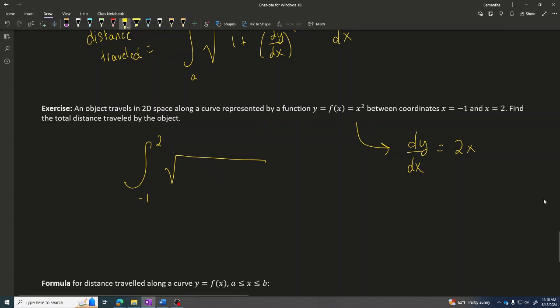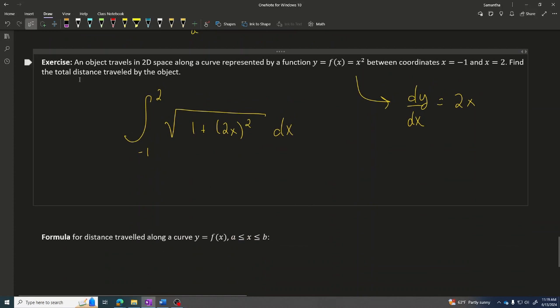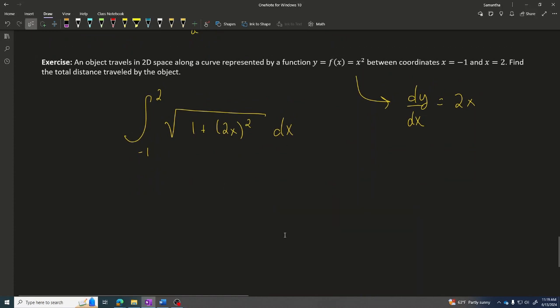So plugging that in to our distance traveled formula, under the root we have 1 plus the derivative squared, and then we close that with that little dx, which is what happened to our delta x as the gap between the data gets very small. So now that we've set up this integral, let's think about how we would actually calculate this integral.